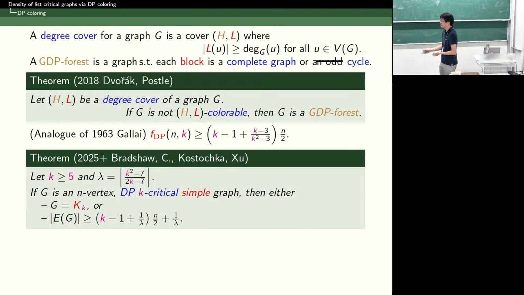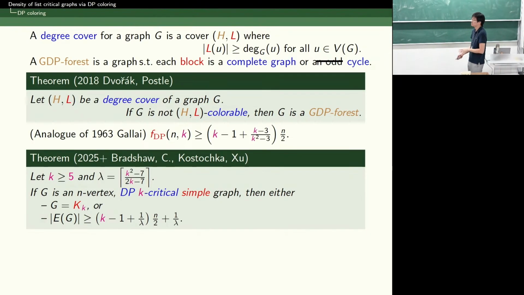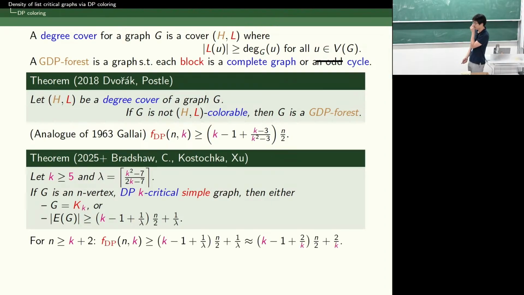Because lambda was k over 2, this is asymptotically 2 over k. So we improve upon this bound: Gallai's bound was 1 over k asymptotically, but now ours is 2 over k.